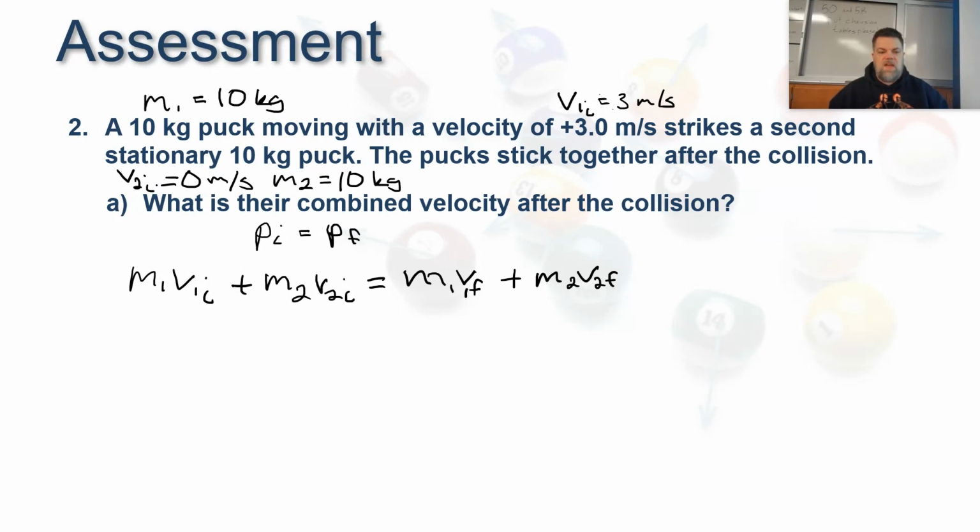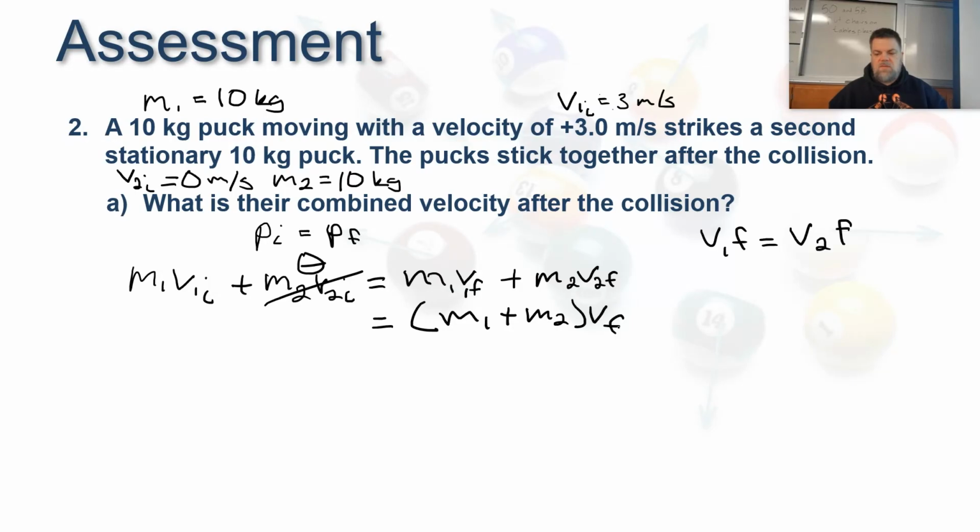Since V2 initial is 0, this whole thing goes away to 0. Since V1 final equals V2 final, then I can just down here put M1 plus M2 times V final. And that's what they want us to find, the final velocity after the collision. So then over here, I just need M1 V1 initial.